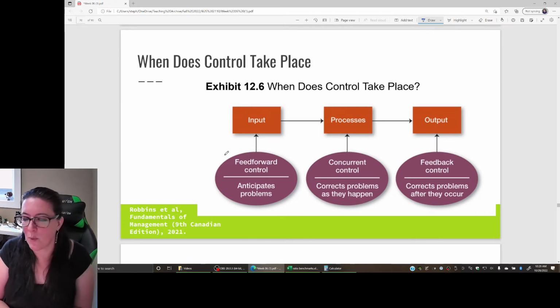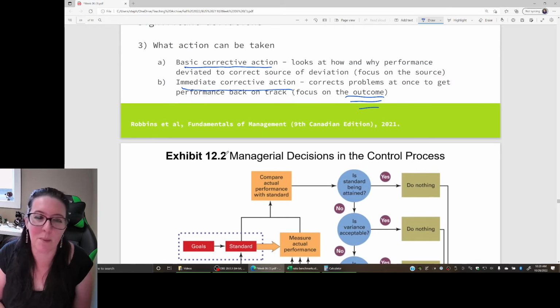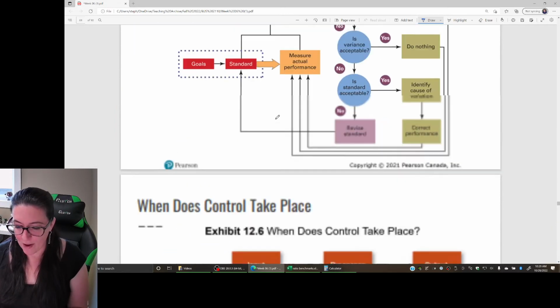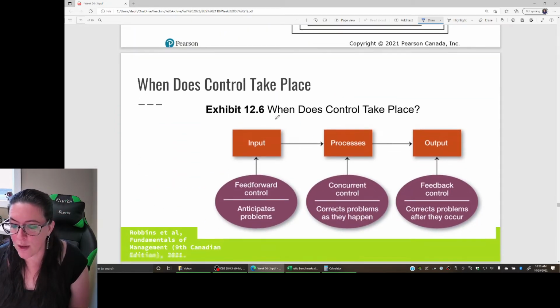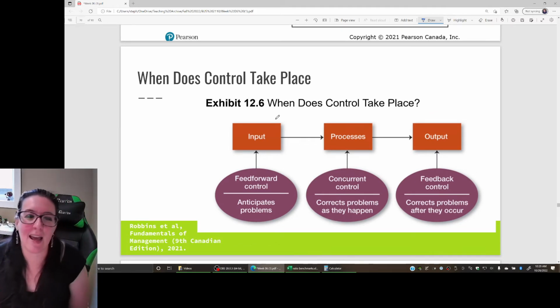Or, as we said, we can take that corrective action in terms of after the problem has occurred, can we fix it? So if we go back here, can we take that immediate corrective action in terms of satisfying the unhappy customer after we've already made the good or provide the service? So control can take place at the beginning, in the middle, and at the end.